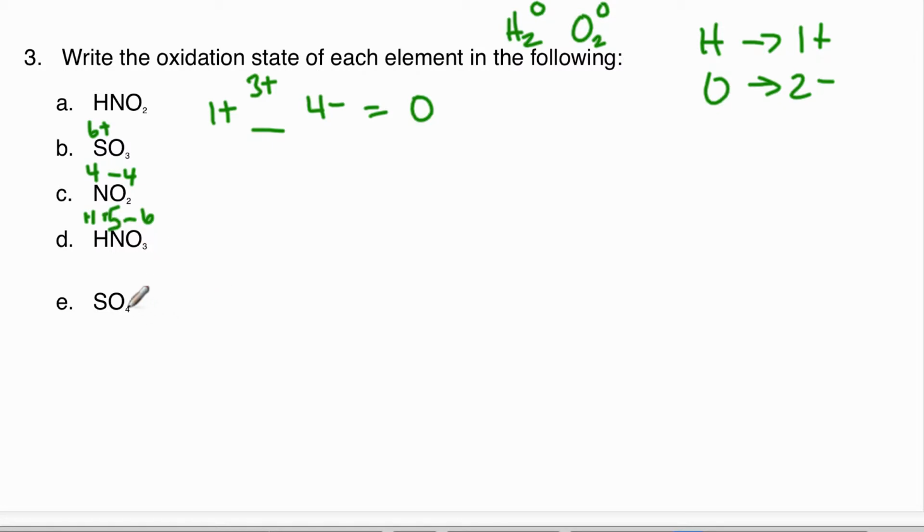Last one, this one has to add up to negative 2 because this is a complex ion. And so I've got 4 oxygens, that'd be minus 2 times 4 would be a minus 8. But the whole thing has to add up to a minus 2, not 0 like these other ones. So sulfur would have to be a positive 6. That would be its oxidation state.